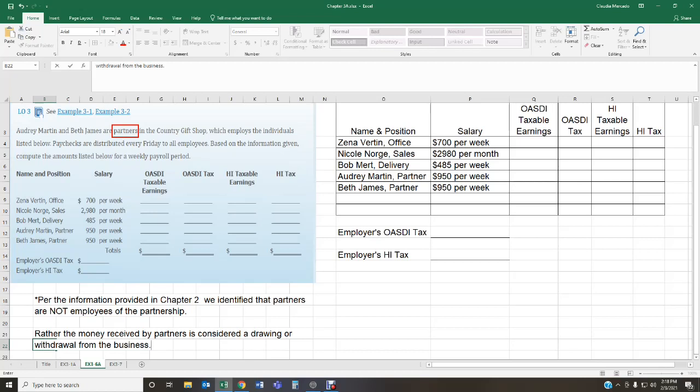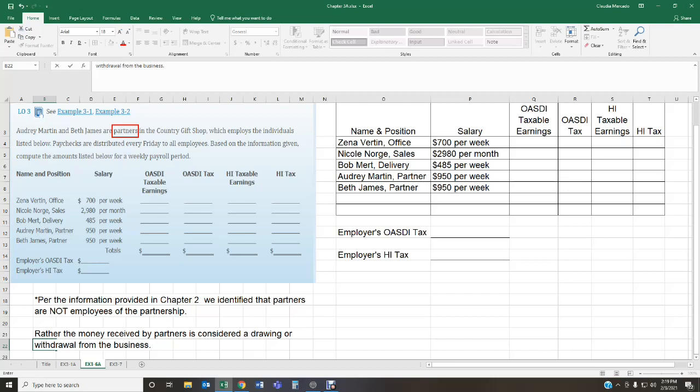If you're a partner of the partnership, then that's not considered wages. That's considered a withdrawal from the business. So that's very important because what's happening here? They included Audrey and Beth as if they're getting a salary of $9.50 per week. Audrey and Beth are not employees of the partnership, they're the partners, so they're not considered employees.